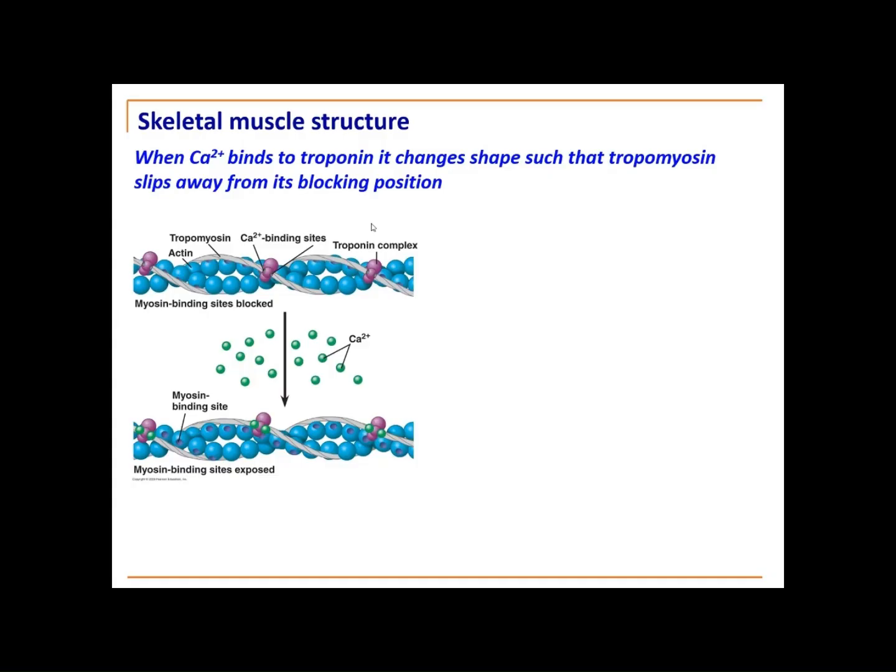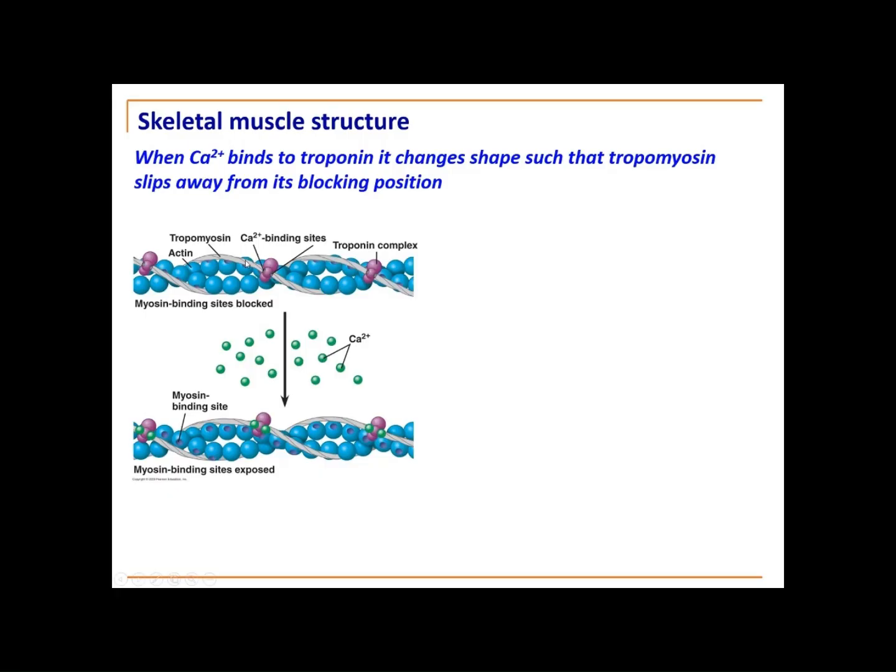Okay, so now we're going to go into thinking about how contraction actually occurs in a little bit more detail. So when calcium binds to troponin, as we've talked about, it changes the shape such that tropomyosin slips away from its blocking position. But what we haven't really thought about at this point is how is calcium getting into the cells in the first place, into the skeletal muscle, to make this whole process happen.